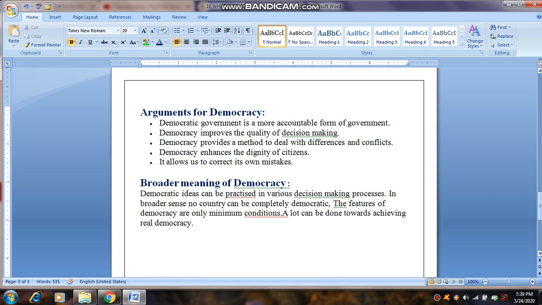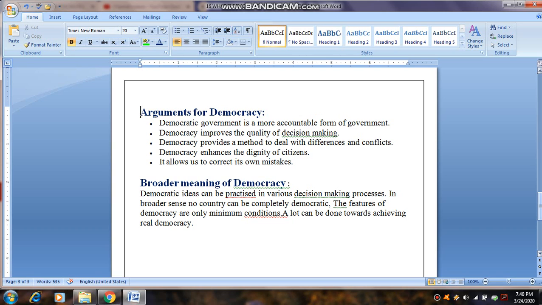A very important point: in a democratic nation, the governing body works according to the constitution, and if as time passes we feel any rule should be changed, we have a provision of amendment in the constitution. With the help of amendment, we can correct our mistakes.